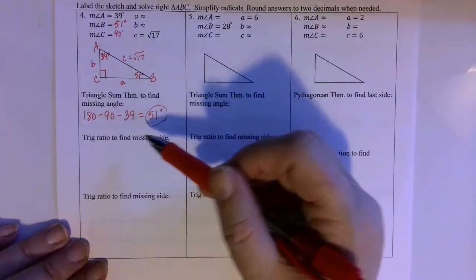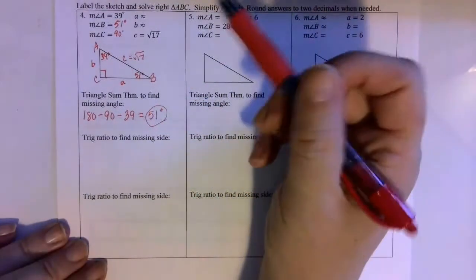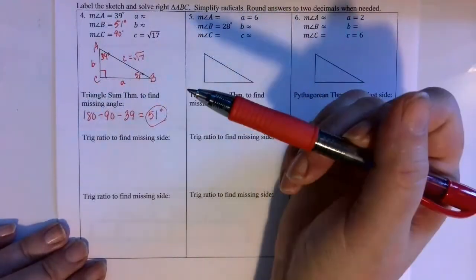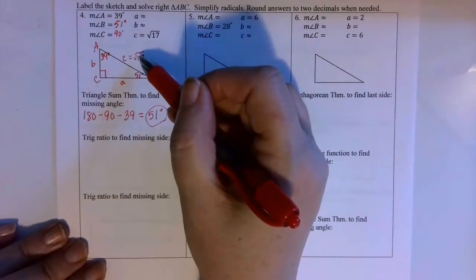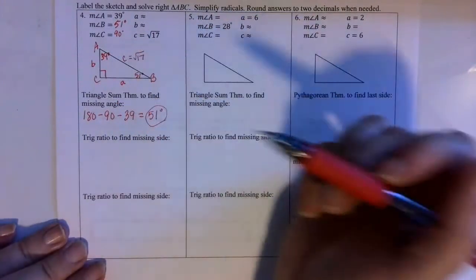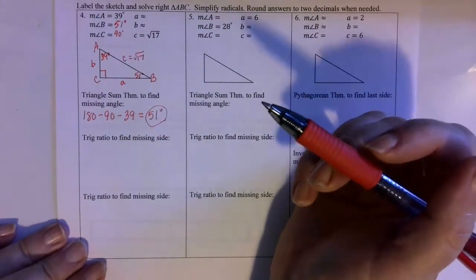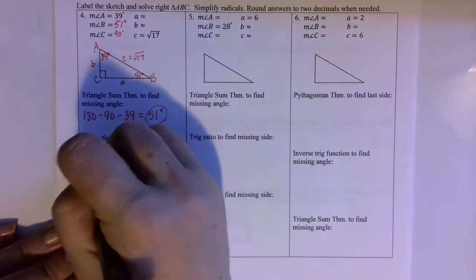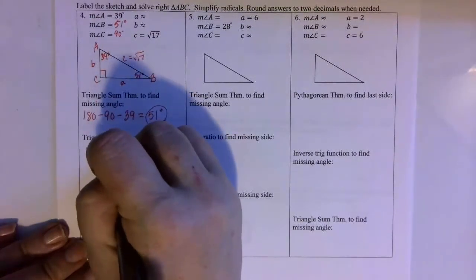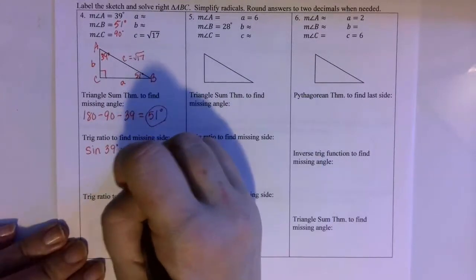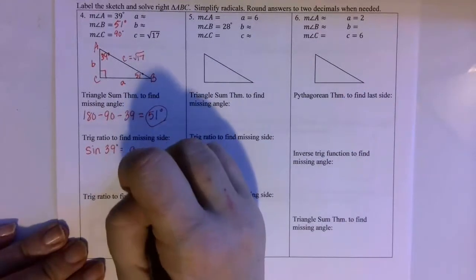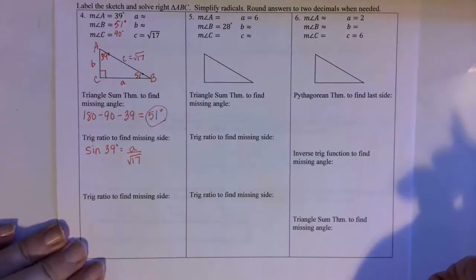So the trig ratio to find a missing side, we'll go ahead and start by finding side A, and we know the hypotenuse, so we could use either sine or cosine to find A. I'll go ahead and just do the sine. So the sine of 39 degrees is the opposite, which is A, over the hypotenuse, square root of 17.